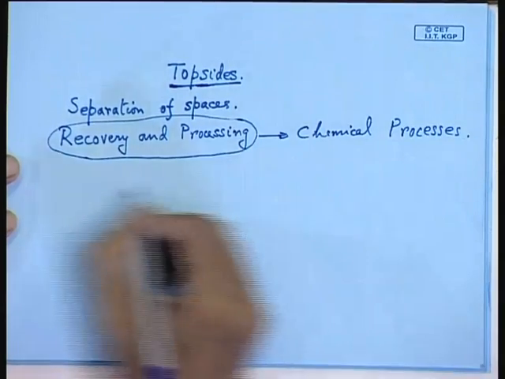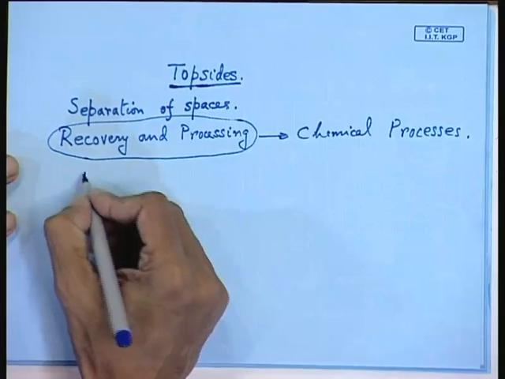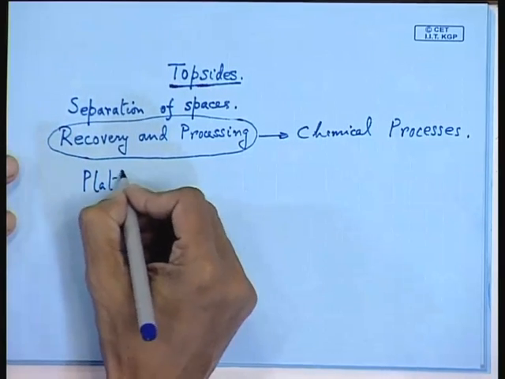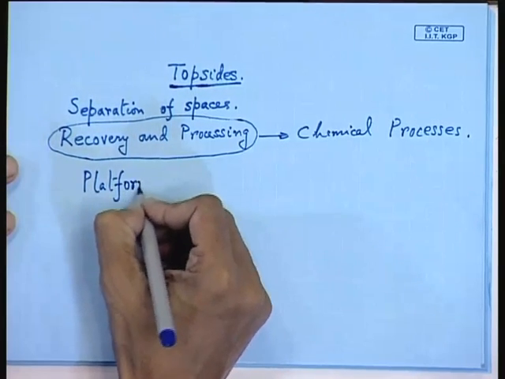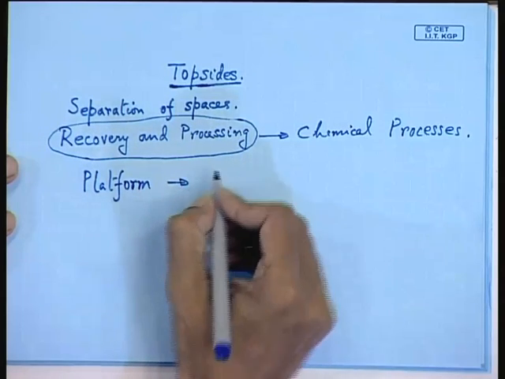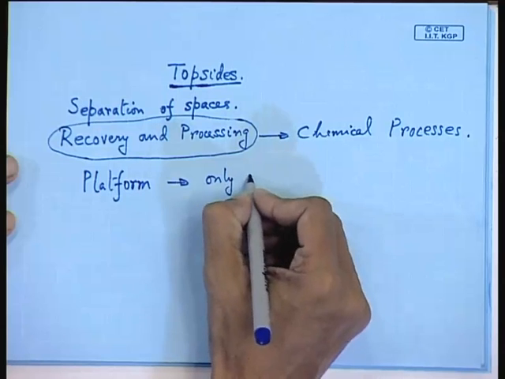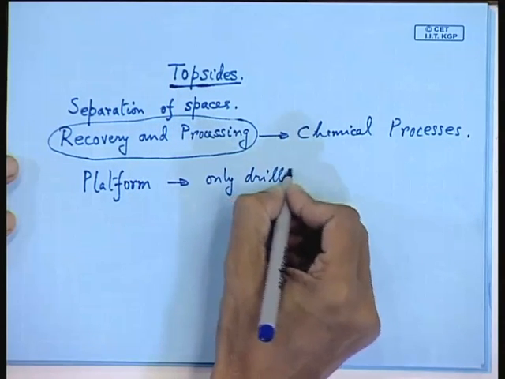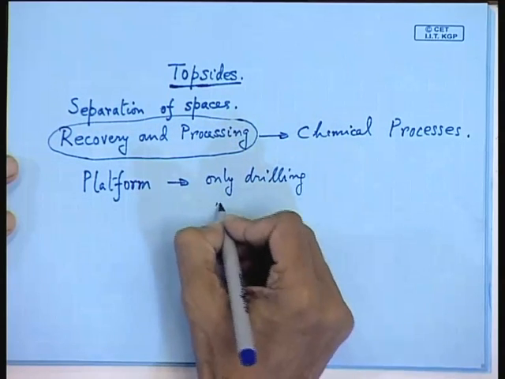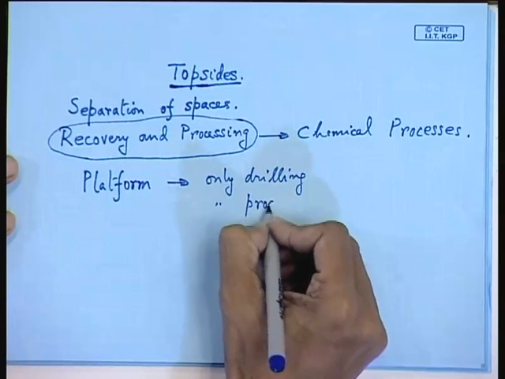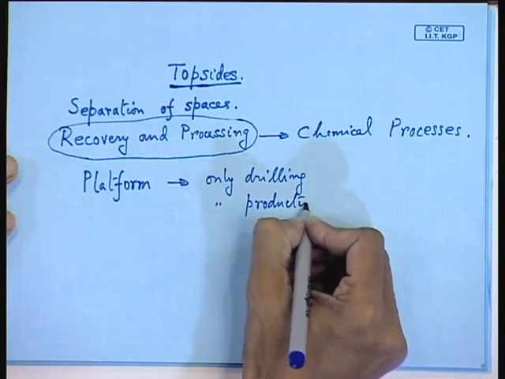So, last class I told you what purpose your platform is going to serve, whether you are designing this for only drilling or only production or a combination of both.